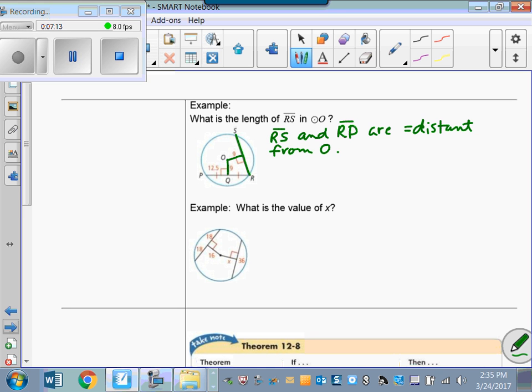So, because of the theorem that I just learned, I know that RS is going to be congruent to RP. And I know what RP is because it's 12.5 plus 12.5. So that means RS is going to be 25, because it's congruent to RP, and that's what RP measures.